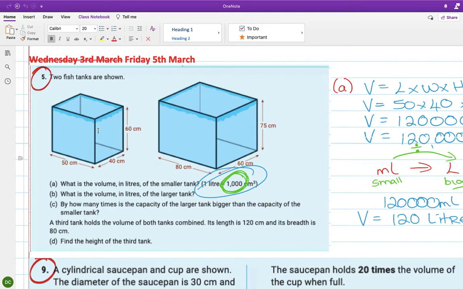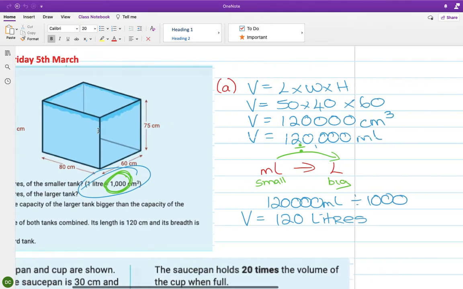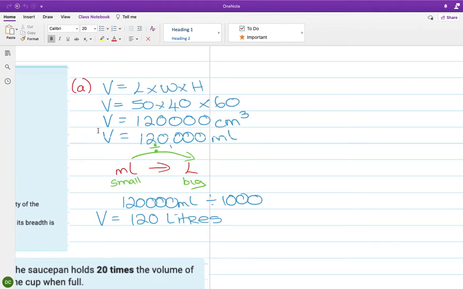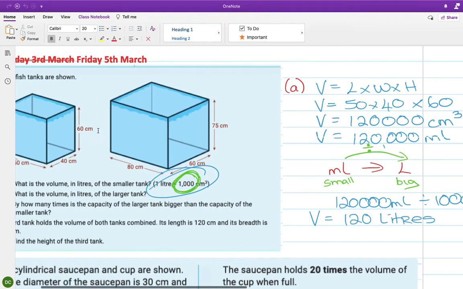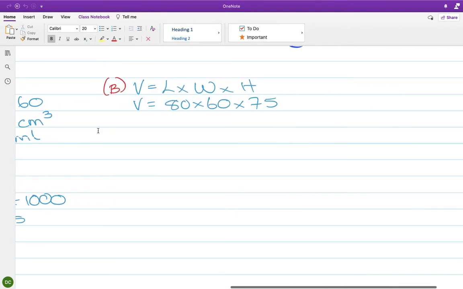Same question for the big one. So 80, 60, and 75. So with height, 80, 60, 75. Did I get that right? 80, 60, 75. Yep.